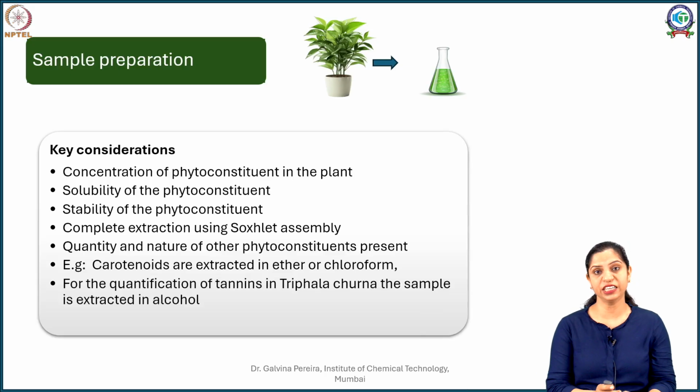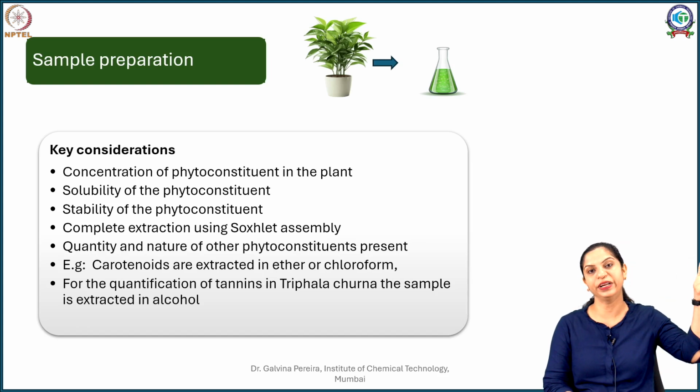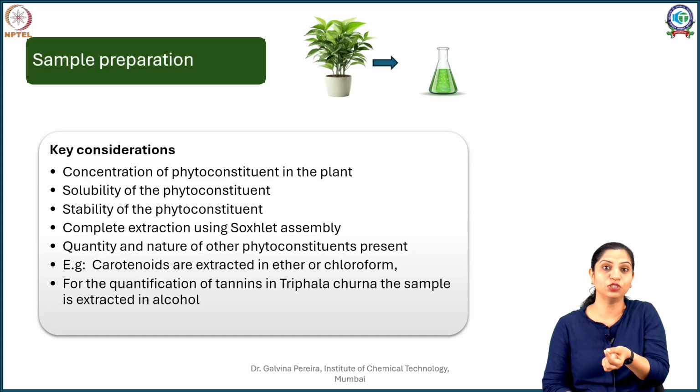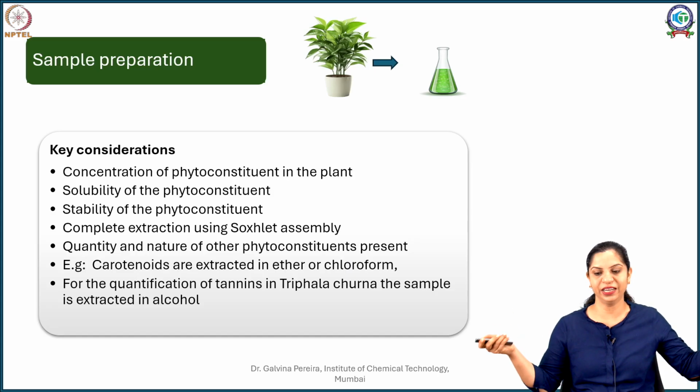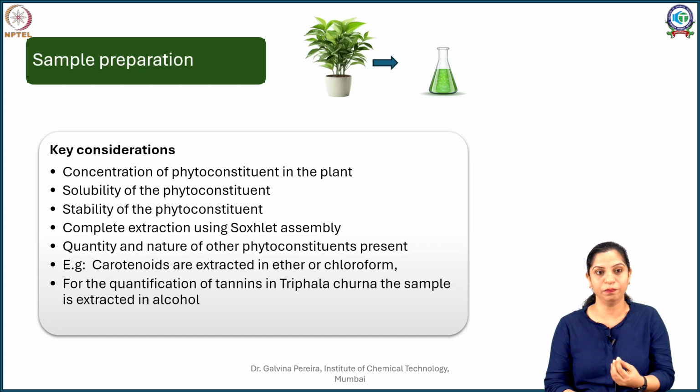The key consideration I should keep in mind is, in my plant, tablet or syrup, what is the concentration of the phytoconstituent that I am trying to determine? You might have a liter of a formulation having just 1 mg of withaferin, or you might have a kg of plant material having a very minuscule, microgram level of a given compound.